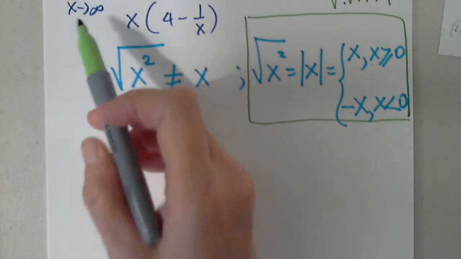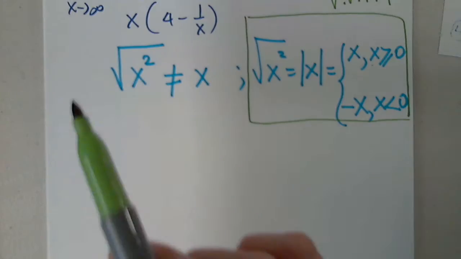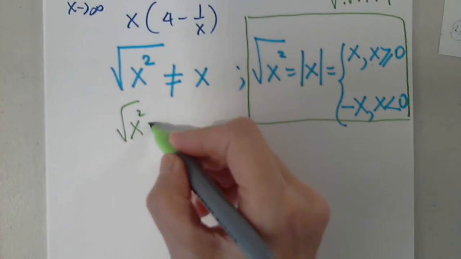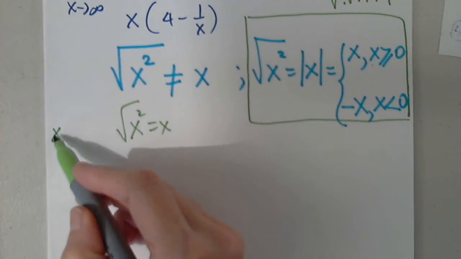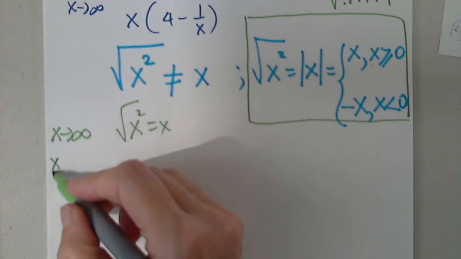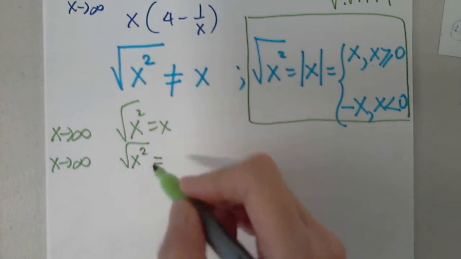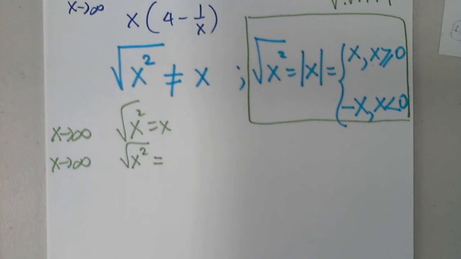So the point I'm making is, if x approaches infinity, I can write the square root of x squared equals x. But if x approaches infinity, what will I replace the square root of x squared by? Absolute value of x. Careful.